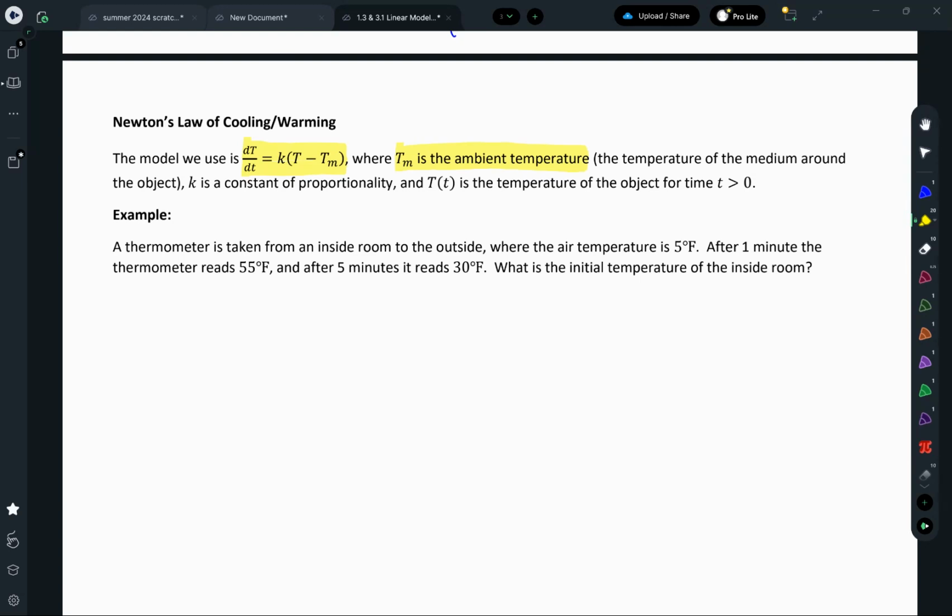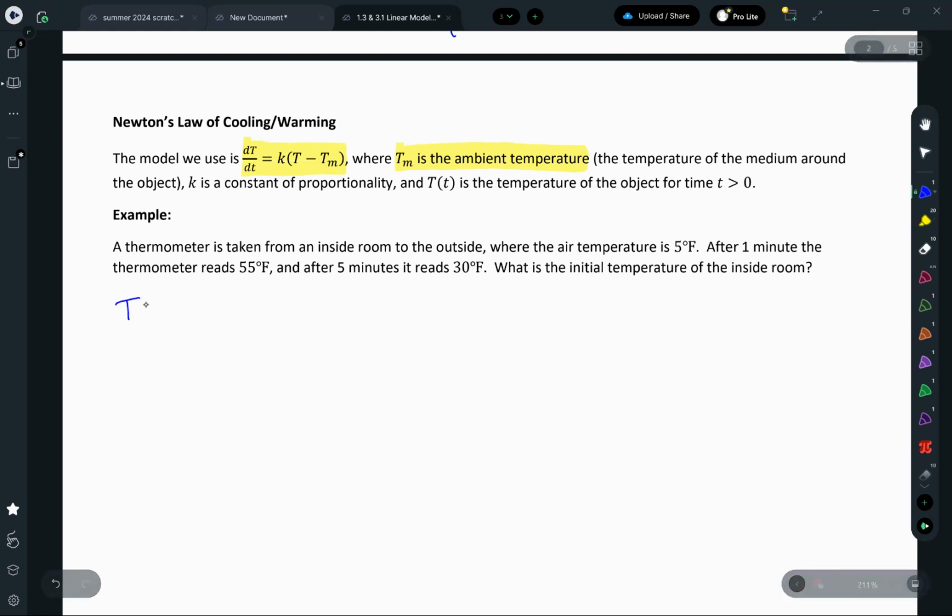Okay, so let's read this again. A thermometer is taken from an inside room to the outside. So right when the thermometer leaves the inside room, it has a temperature, right? And that time equals 0, that's the temperature of the room that it was in to begin with, okay? So we don't know that value.